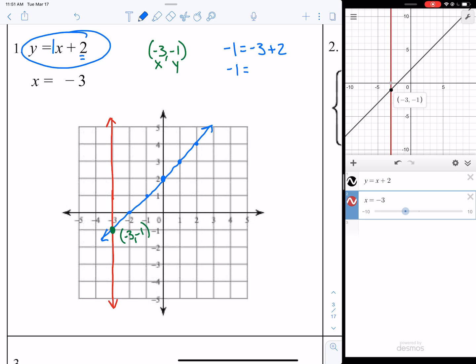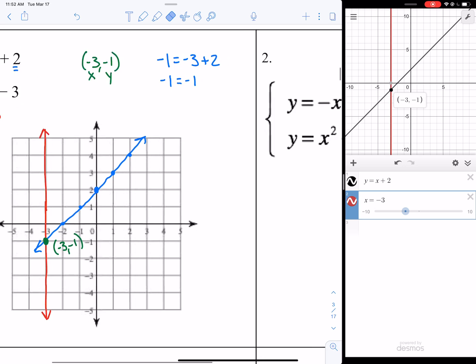So negative 1 is equal to negative 3 plus 2, because that's equal to negative 1 as well. In the second one, it's very simple because you can just say negative 3 is our x value, and that does equal negative 3. So the solution works in both of the equations of our system. So negative 3, negative 1 was our solution. Hopefully you found that okay on your own.